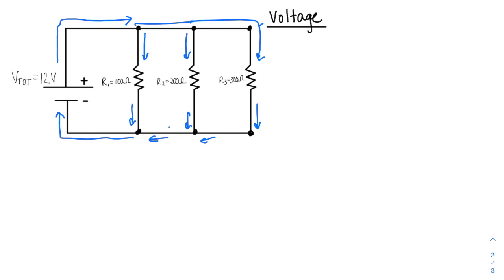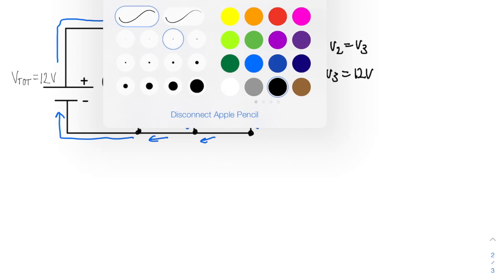So if I think of voltage as height, the voltage across each of these resistors is equal to the total voltage. All 3 heights are the same, so all of our voltages are going to be 12 volts. Let's just write that in.